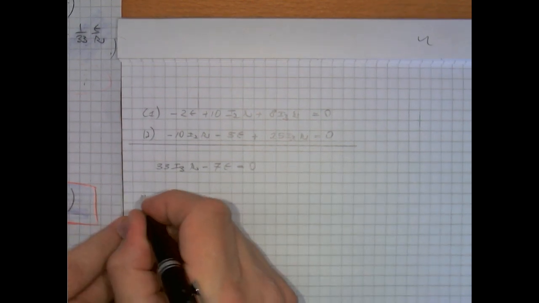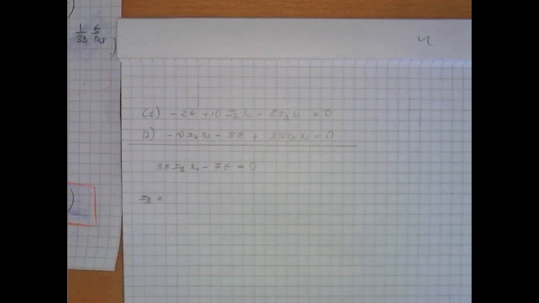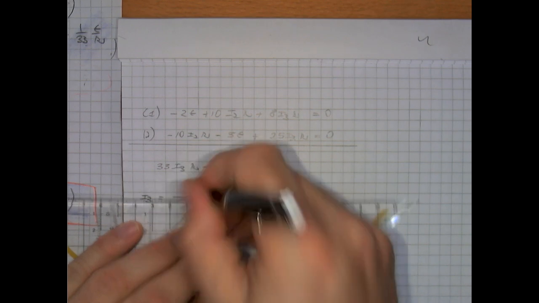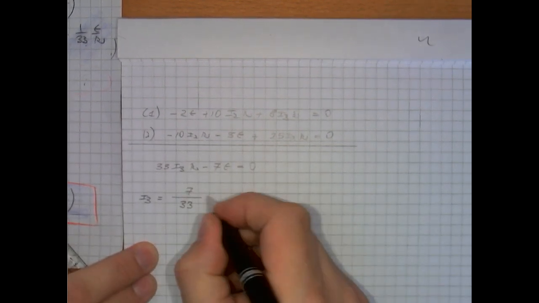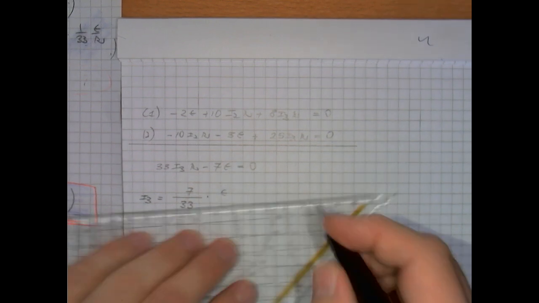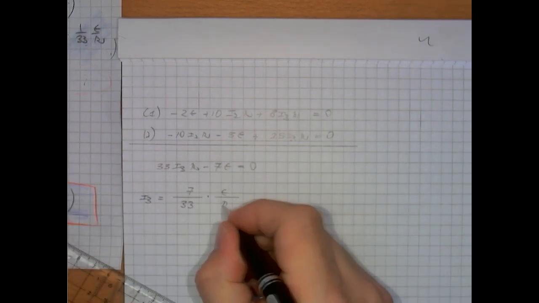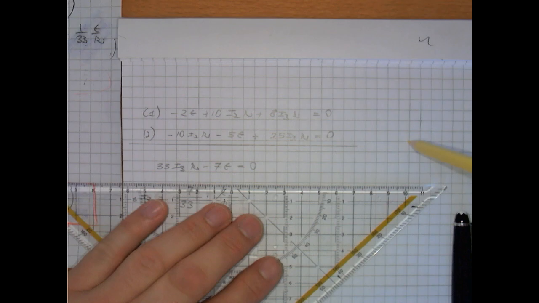And then you can solve this now for I3, and you're getting 7 over 33 times epsilon over r. Alright, so that's this.